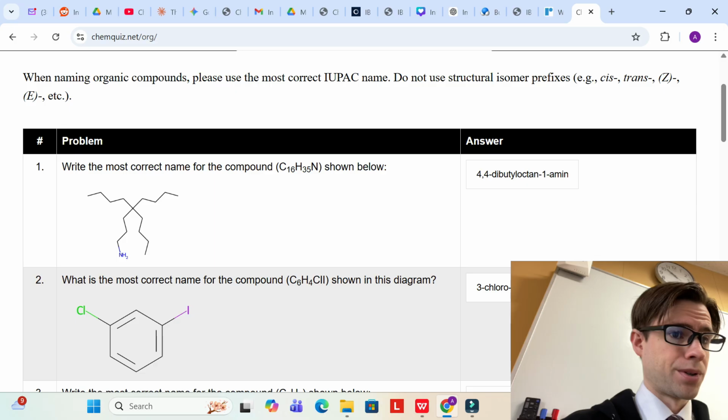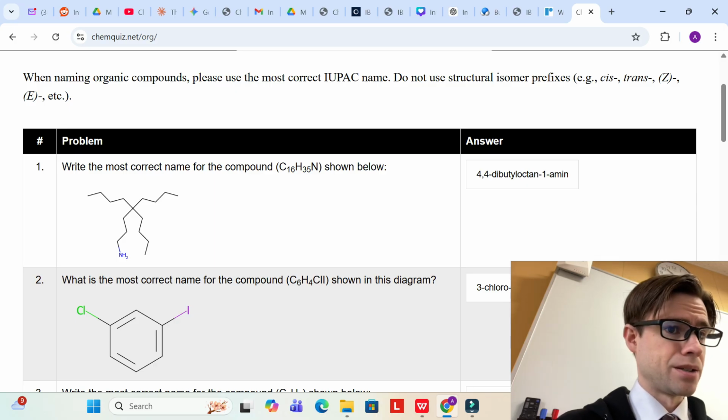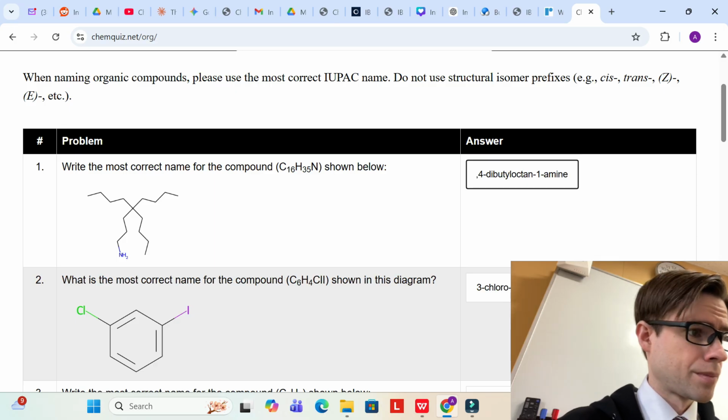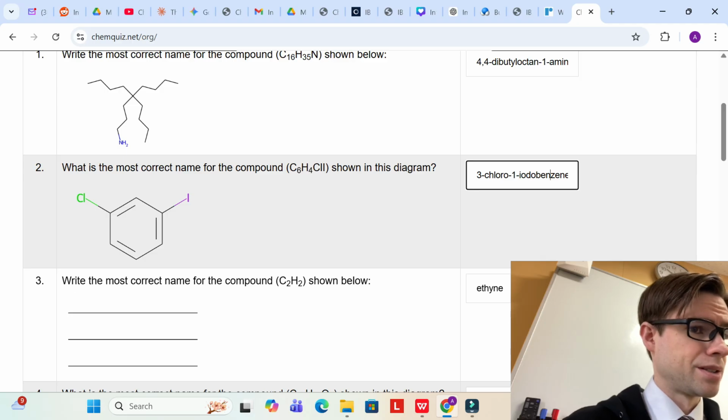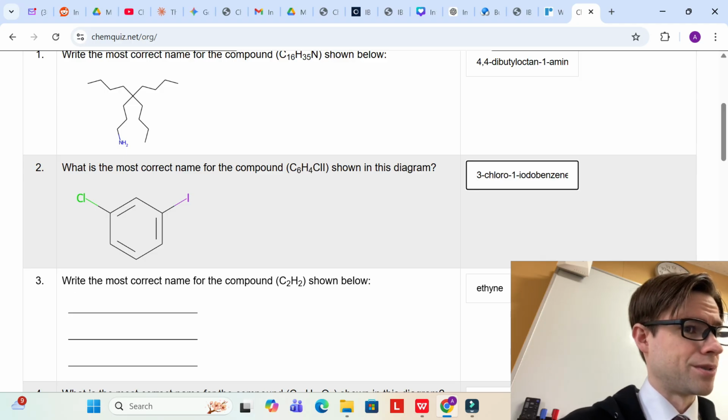Is this 4,4 dibutyl octan 1 amine? Yes, I think so. Is this 3-chloroiodobenzene? Again, this depends on the priority of iodine versus chlorine.